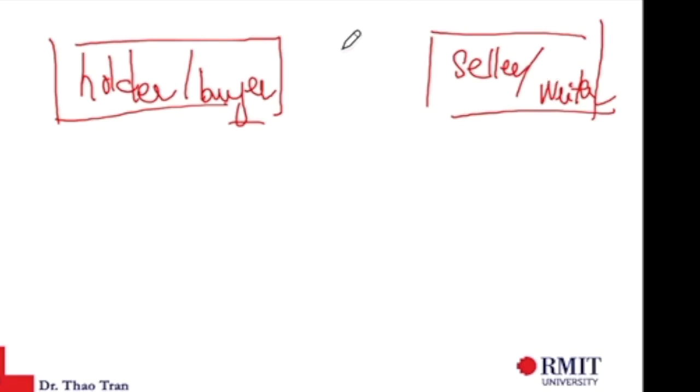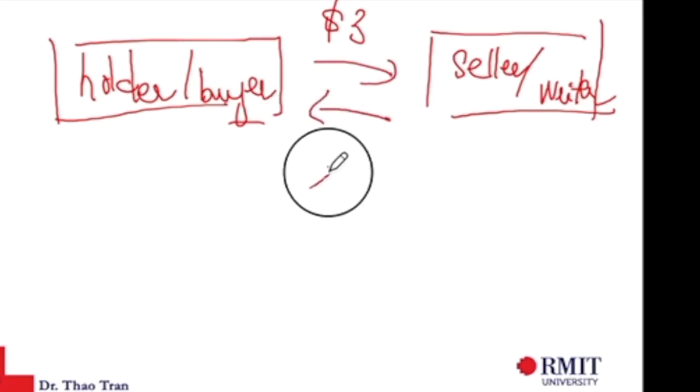The buyer of the option will pay the option price. Let's say I will pay you $3 so that I can have the right to buy the financial calculator at $100 in 7 months, when the next semester starts. And in exchange, you need to give me the right. So I will have the right to buy it or not.